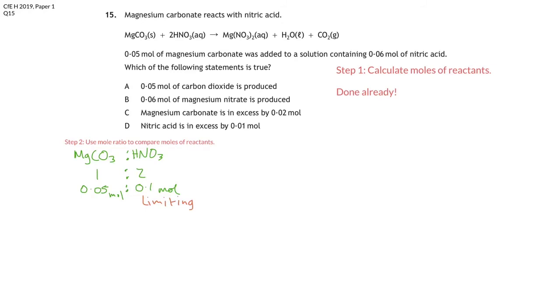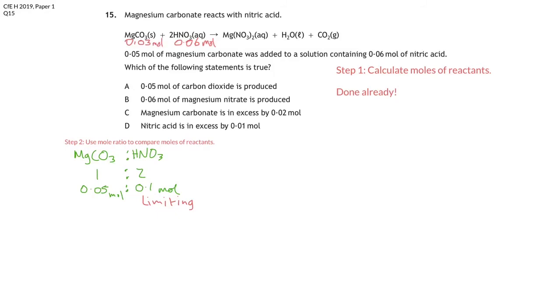Just like the eggs controlled how many cakes I could make, they limited the cakes I could make. Because the nitric acid is limiting, it's going to control what is made in this reaction. So with 0.06 moles of nitric acid reacting, half as much of the magnesium carbonate will react.